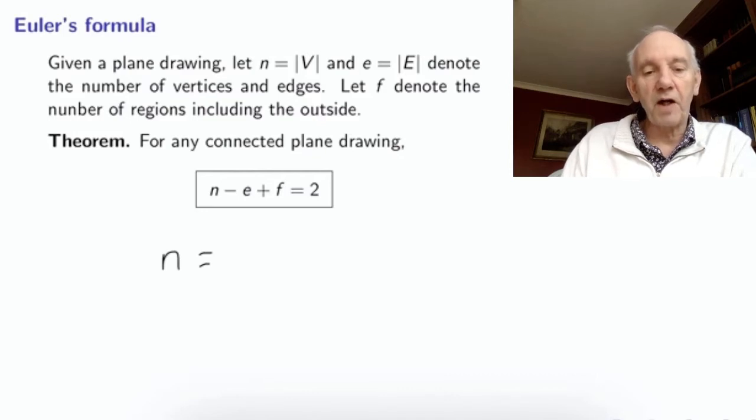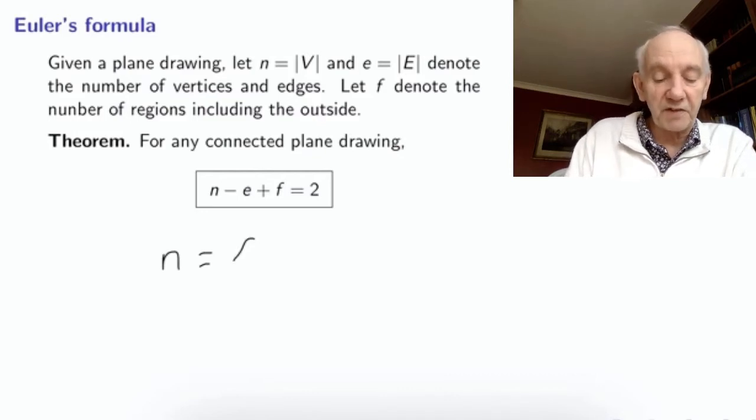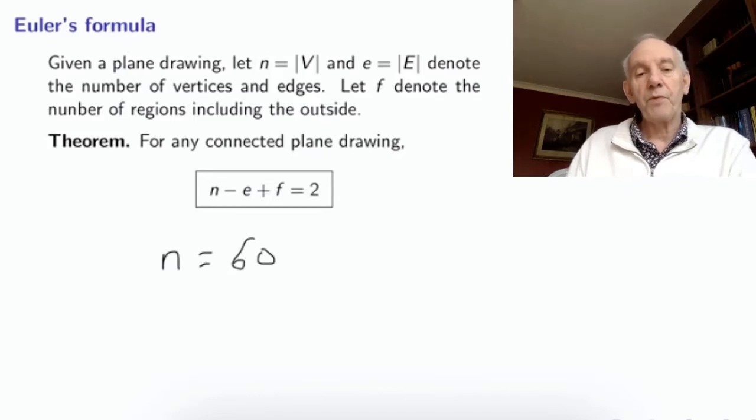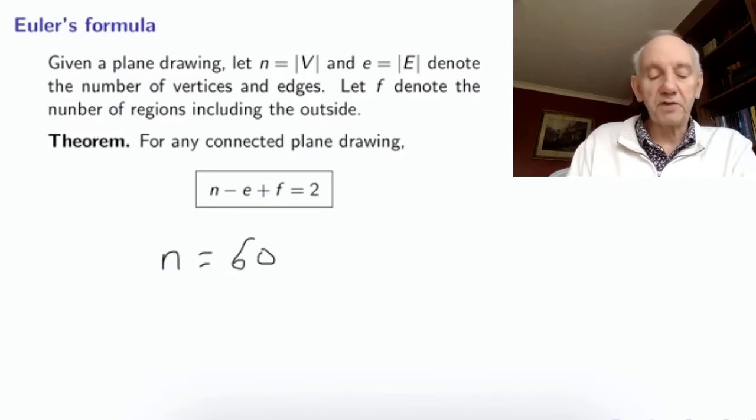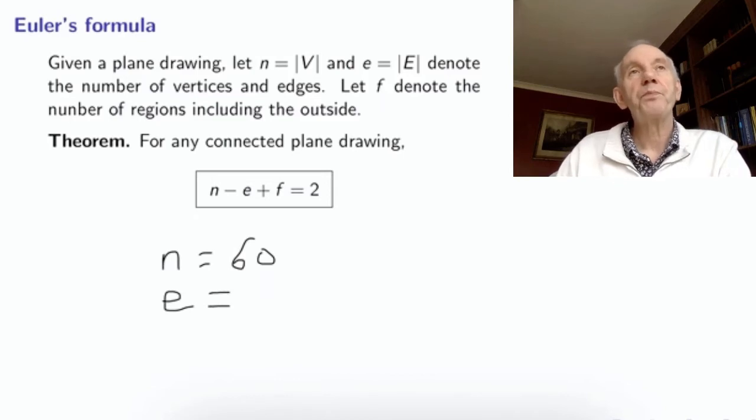Well, there were 12 in the icosahedron, but each one gets replaced by a pentagon, so that gives 60 vertices. The football has 60 vertices. The edges you can work out by, if you like, just taking the pentagons. There are 12 pentagons, that gives you 60 edges, and then there are 20 hexagons, that gives you 120 edges.